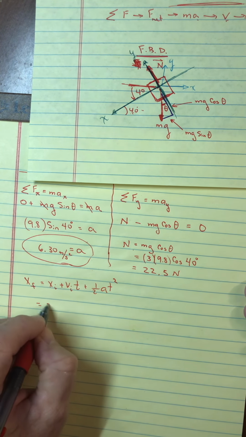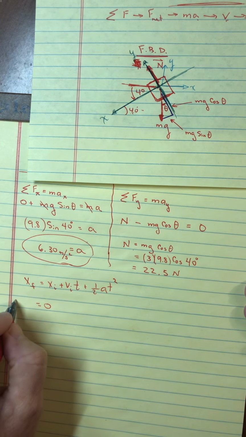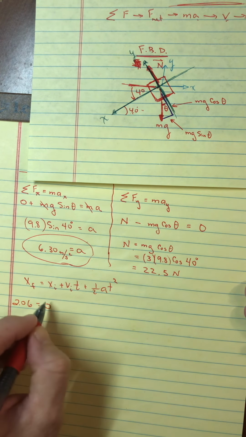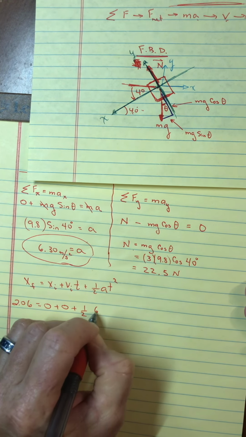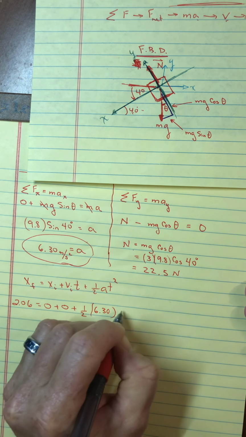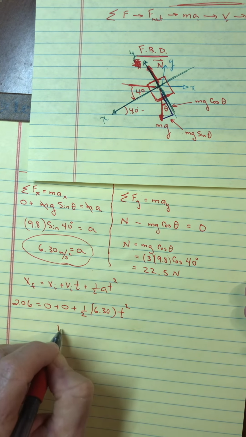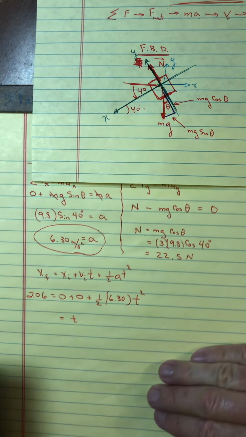So starting at position 0 and sliding down until you get to a position of 2.06, starting with an initial speed of 0 and now having an acceleration of 6.3, I can now solve for how much time it takes to go down the incline.